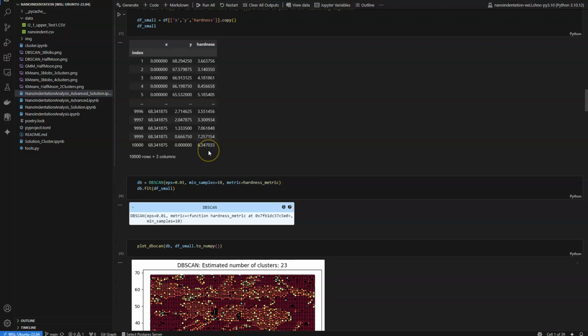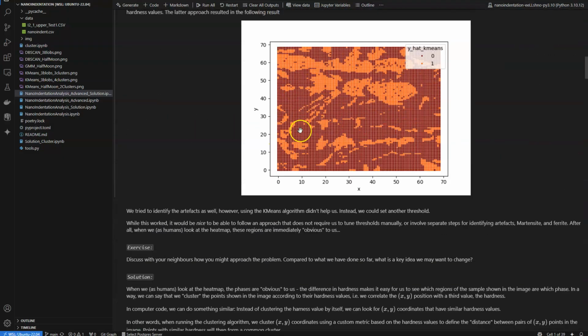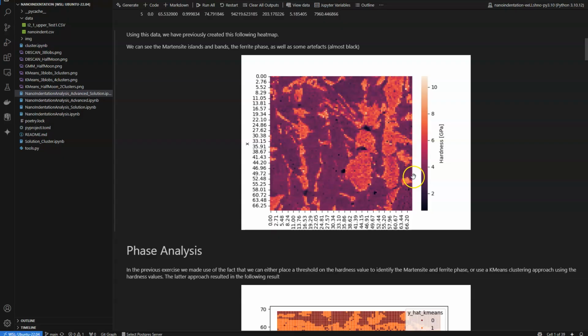So the idea of using this custom metric is that we don't use the hardness values to cluster as we did with k-means, where we have the distribution of the hardness values and cluster the distribution of hardness values, but that we use the x and y position here and use the difference in hardness between neighboring points to discriminate between the different phases.